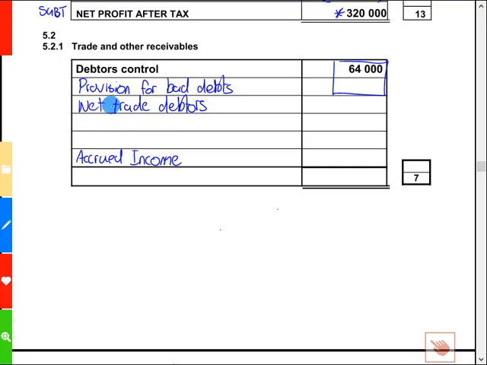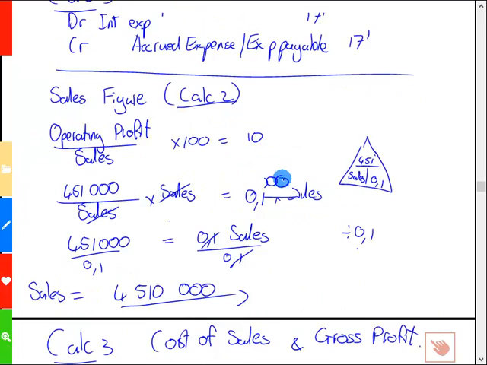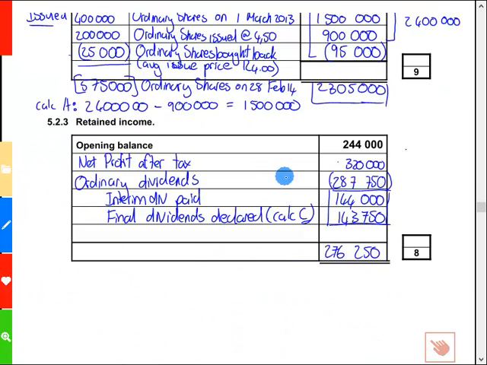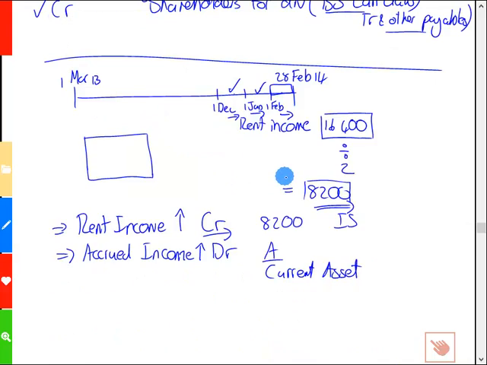What else? Our prepaid expenses. Okay, so we know we're looking for these, and we know we've already found one of them, accrued income, 8,200, and that was calculation. We need to refer to that calculation. Calculation D. Let's go down. Here we go.